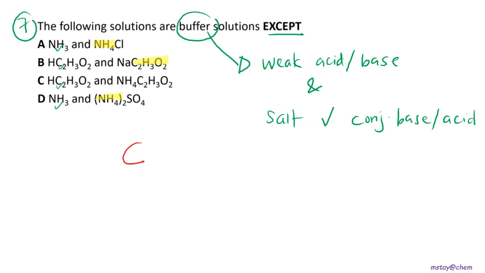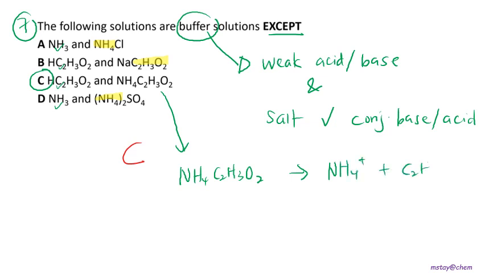Okay, so the answer for this question will be C. Because when I write this dissociation, NH4C2H3O2, if this is the salt, when dissociated will produce NH4 plus and C2H3O2 minus, where we know that this NH4 plus is from a weak base, and this is from a weak acid. When both are from a weak acid and a weak base, they are not suitable to be the salt.